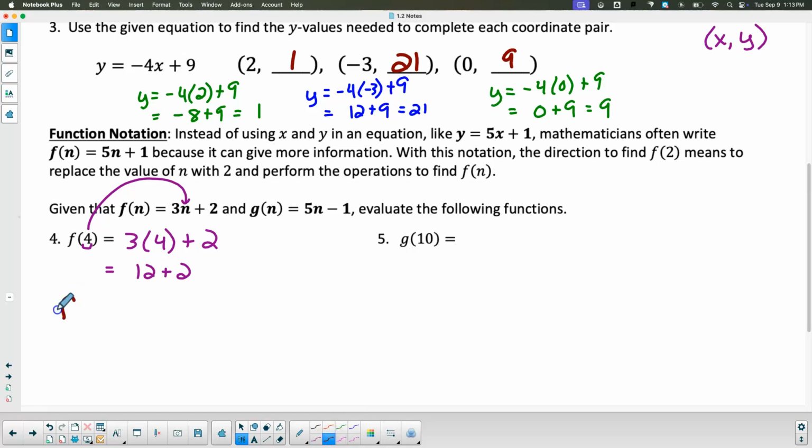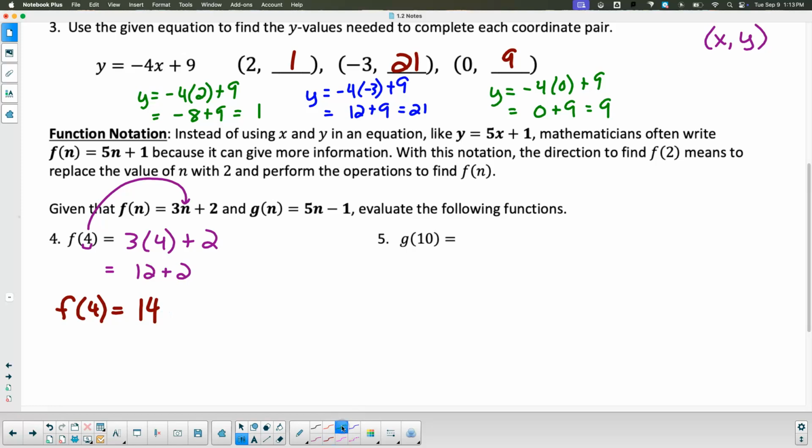So f of 4, and that's how that's read. This isn't f4, okay, or f times 4. This is f of 4. So we took 4, we put it into our function, and the value that we got out was 14.